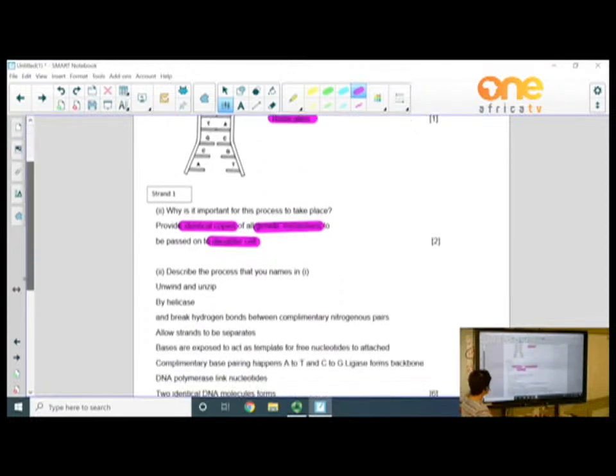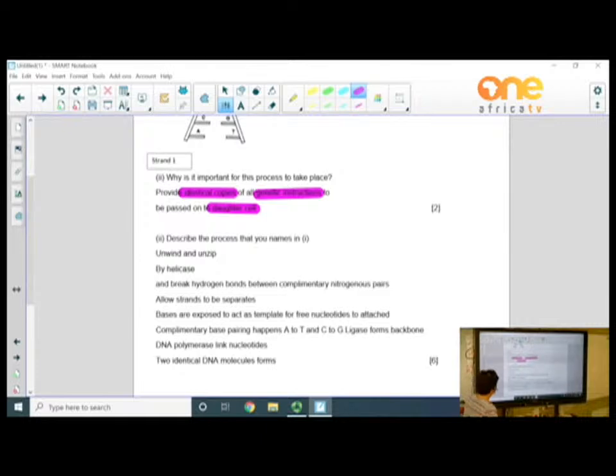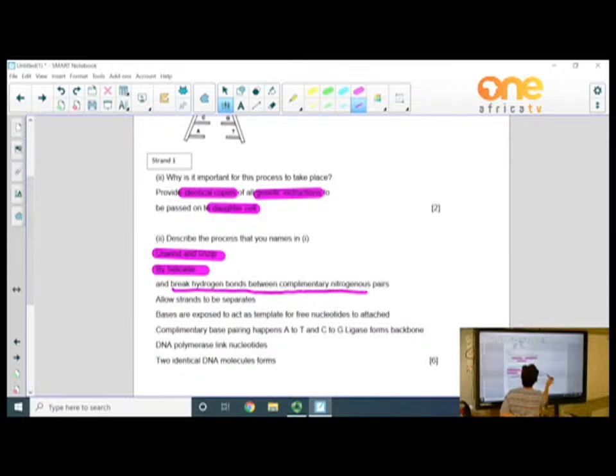Then here, for 6 marks, it is important to say the DNA will unwind and unzip. This happens by helicase, and that earns a mark. It breaks hydrogen bonds between the nitrogenous pairs.